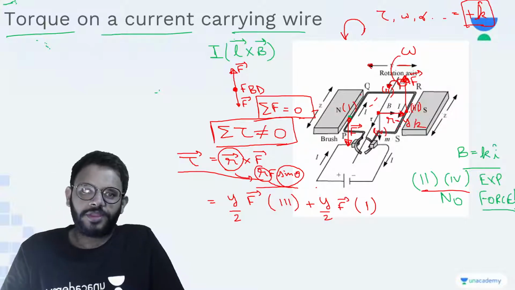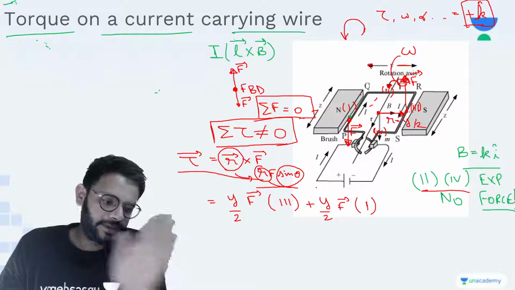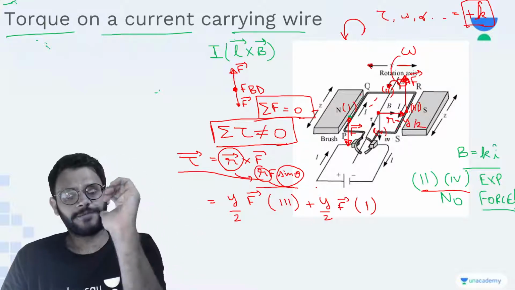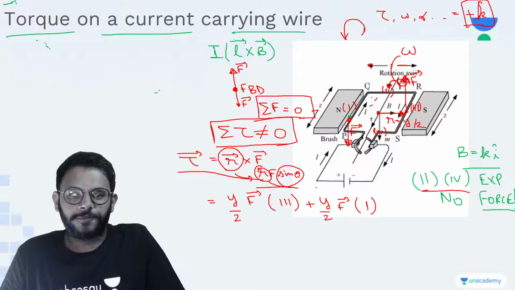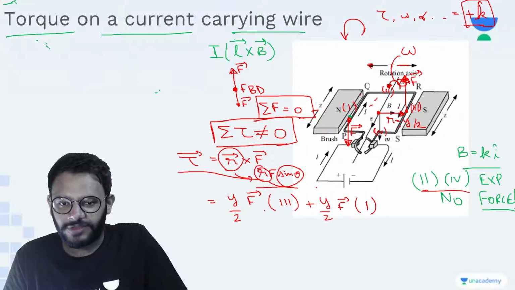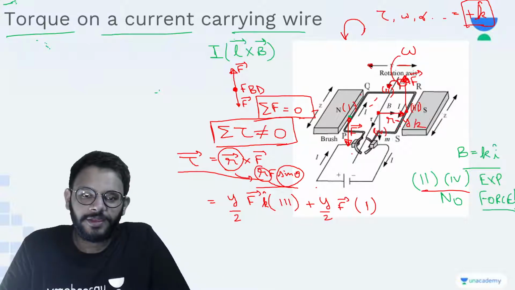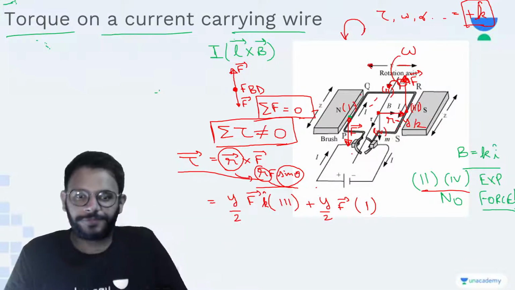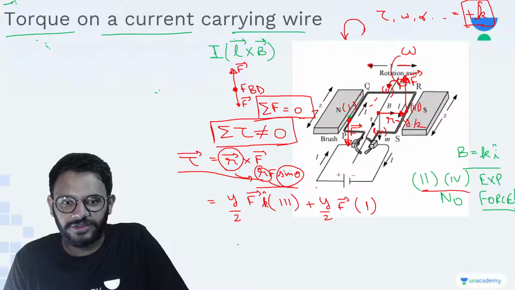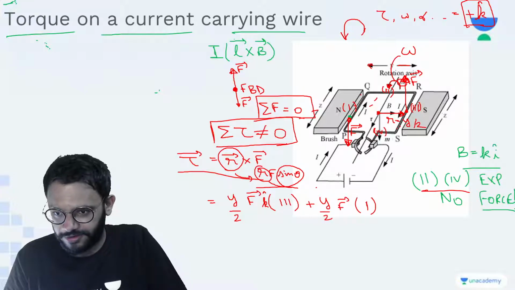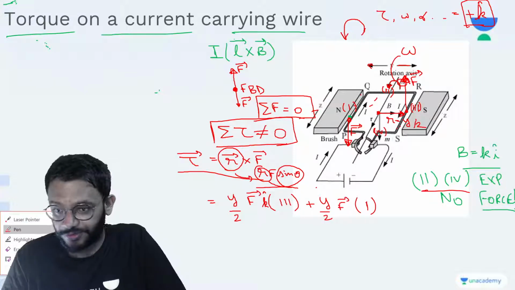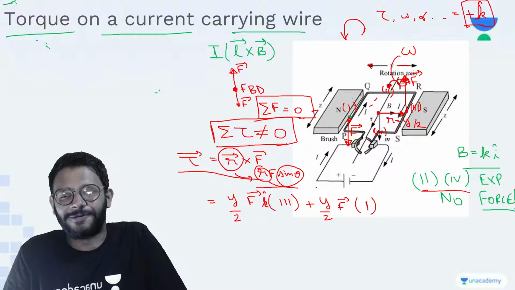In this case, force is upwards, r is in this direction, so r cross F comes outwards. I can say that it is in k cap, but for the first element, the force is downwards. Force is down here. One minute, I'll just make things beautiful for you because you are also beautiful, so why not.